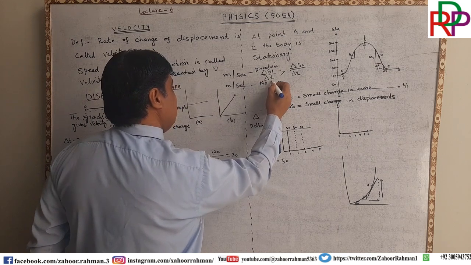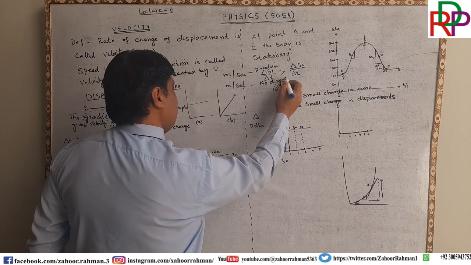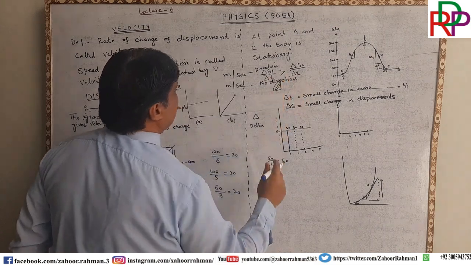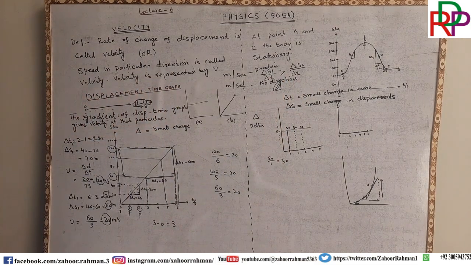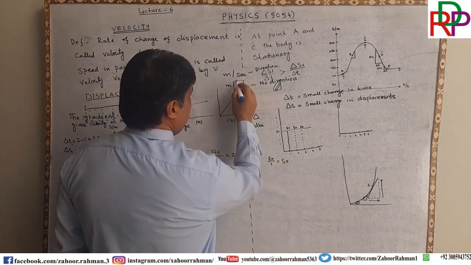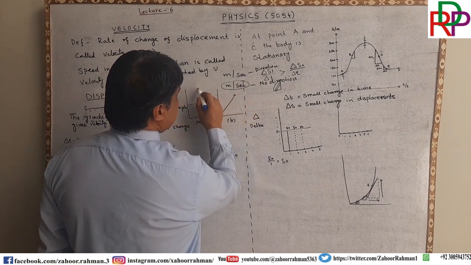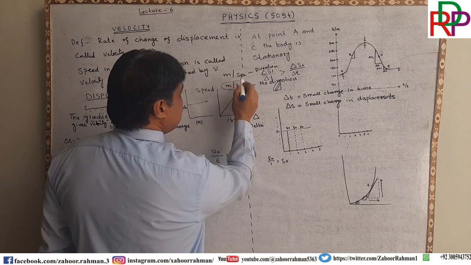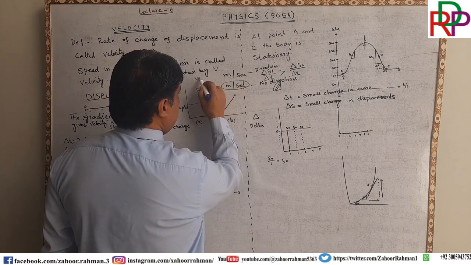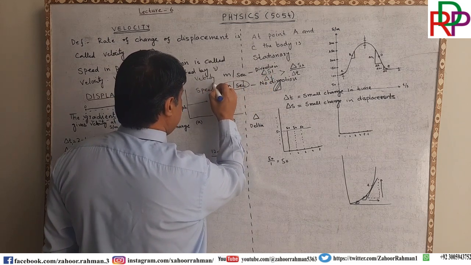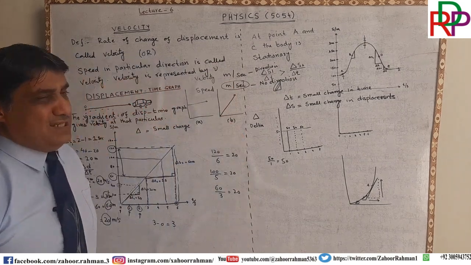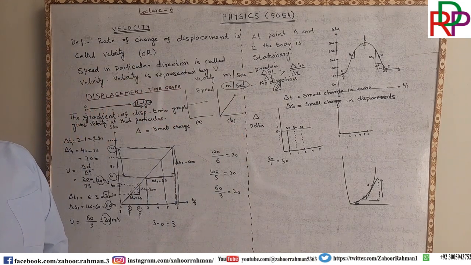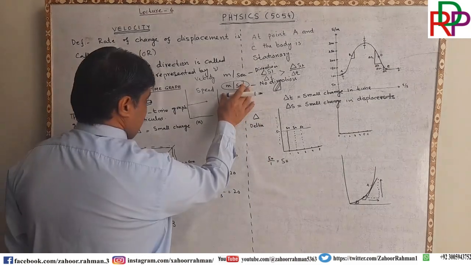There is no need to show the direction. Meter per second means this is speed, and meter per second with direction means this is velocity. Velocity is a vector quantity. Speed is not a vector quantity.